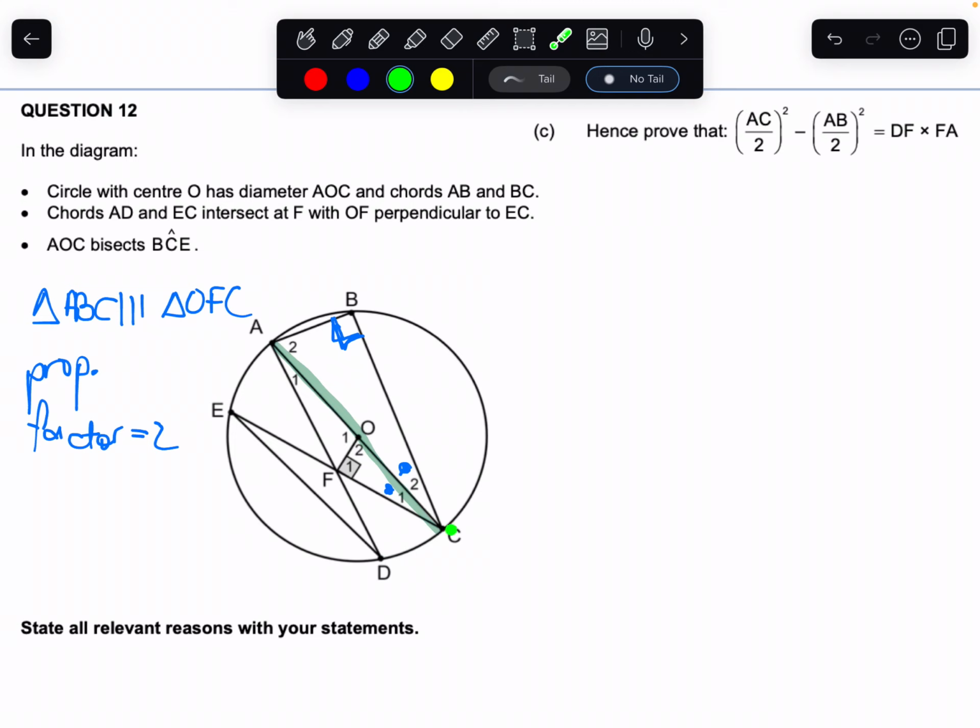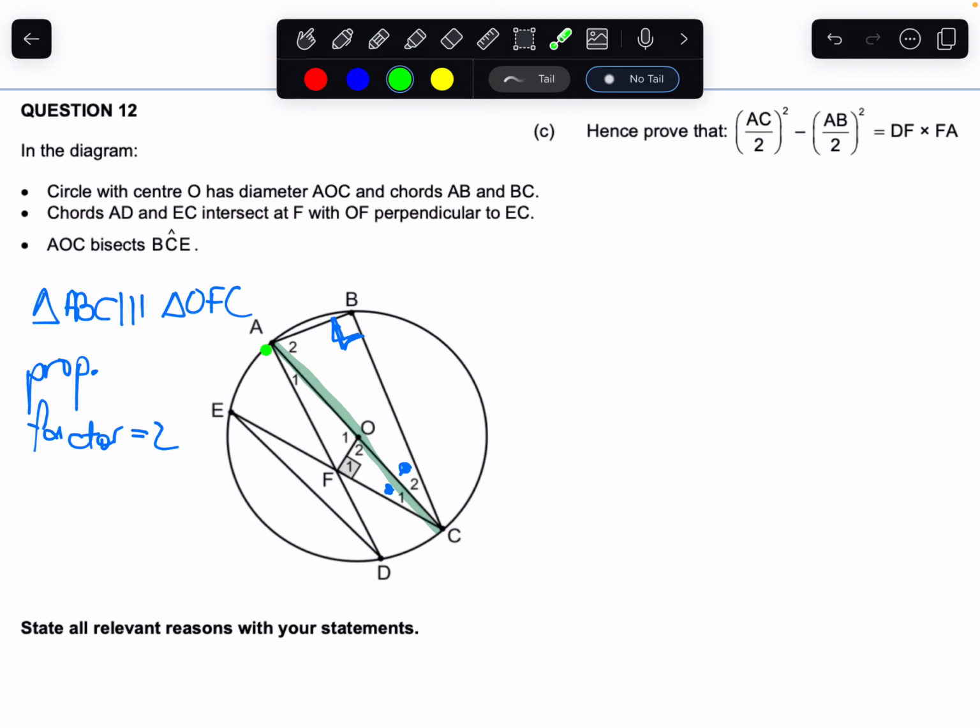AC over 2, which is just the same as OC, minus (AB over 2) squared, so AB over 2 will be the same as OF, squared, is equal to DF times FA.